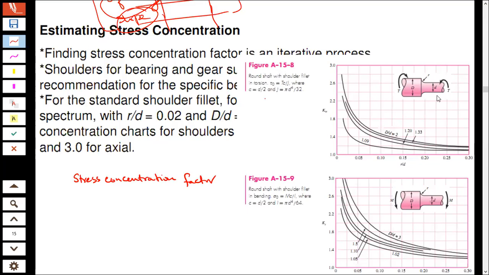Now, as we described earlier, since there are components that go on the shaft, and since the cross section of the shaft is not uniform, therefore there are stress concentrations at different portions of the shaft.